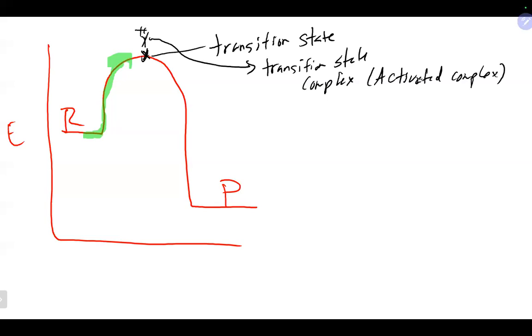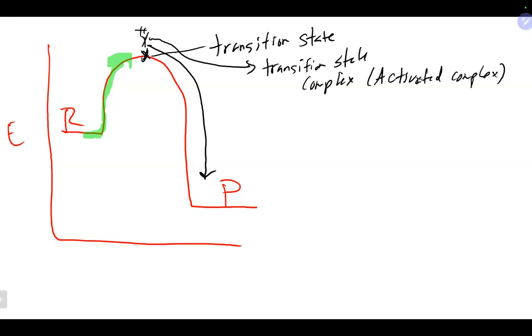And usually what would happen is relatively quickly, this guy will drop down to the other side to make products. A lot of times it's very hard to isolate that transition state complex because it is super high in energy and very unstable. It doesn't hang around a very long time, and it will go to the other side.